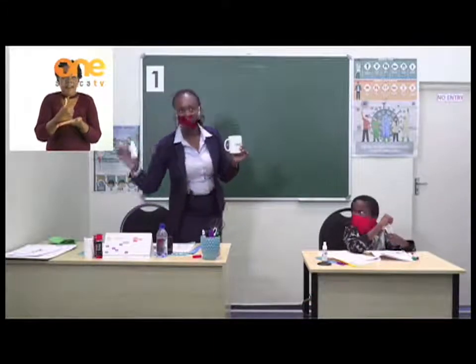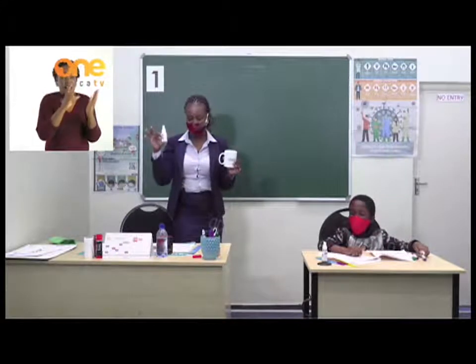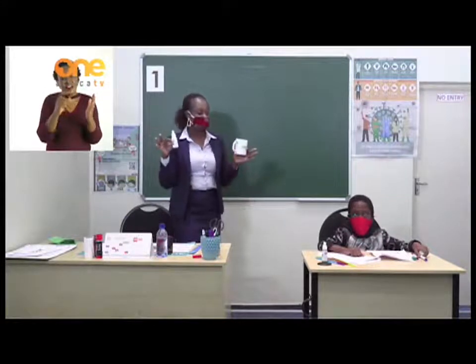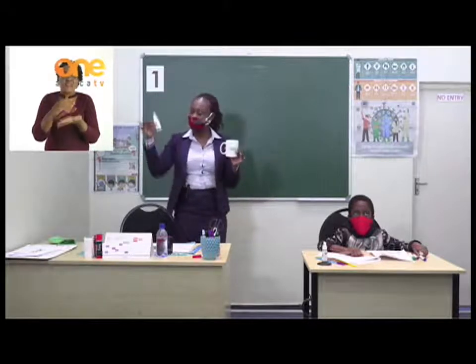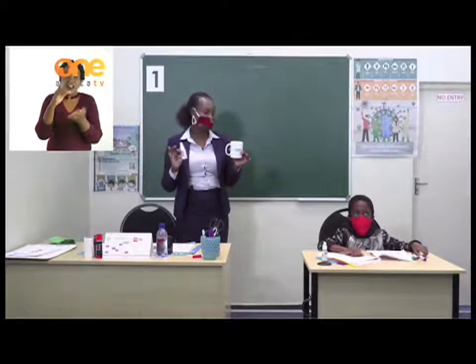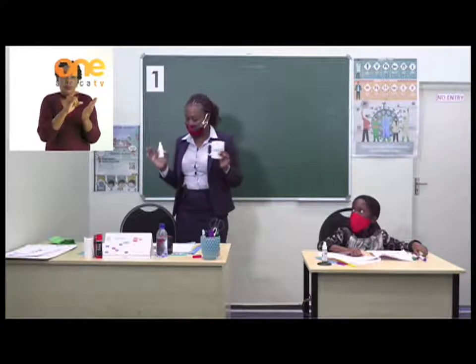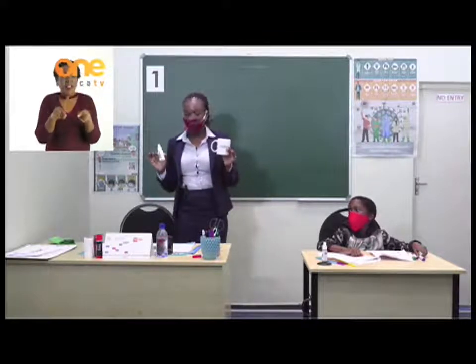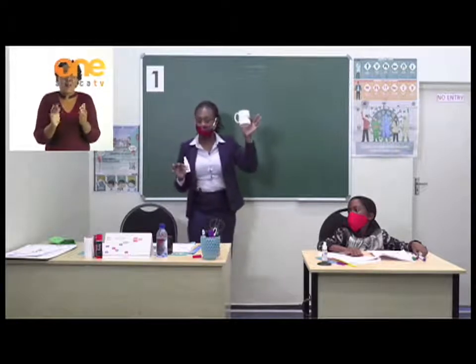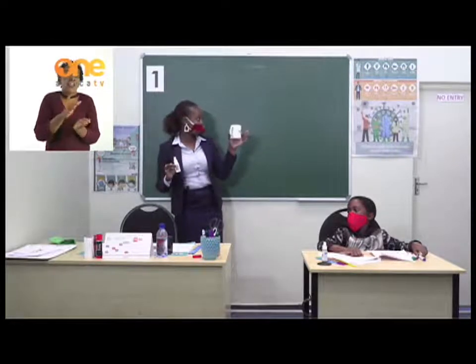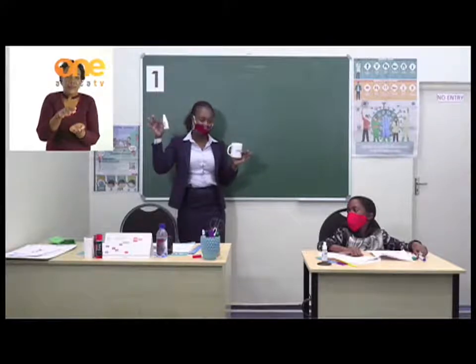I have my sanitizer. As you can see, the cup is bigger and the sanitizer is small. So when we are ordering them from big to small, the cup will be the first one, followed by the sanitizer.